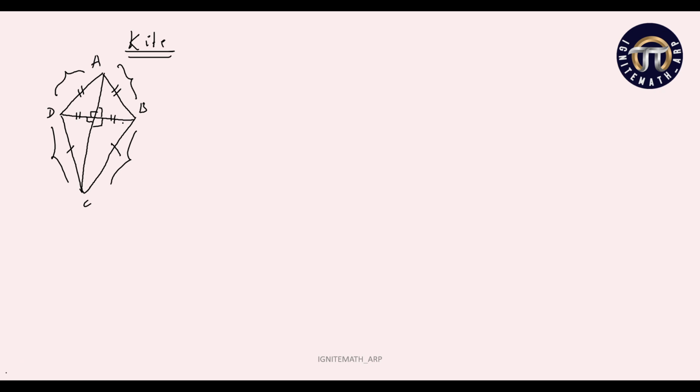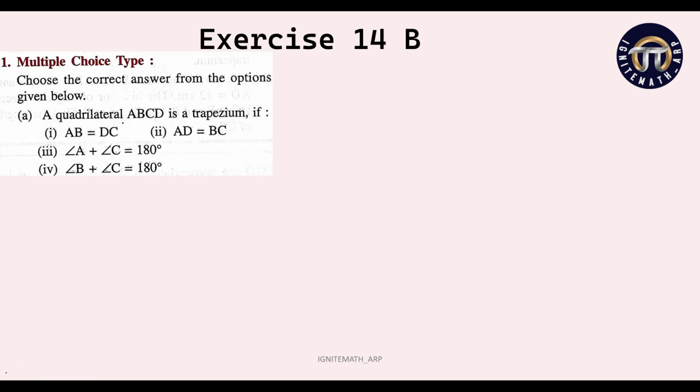Clear? So now let us proceed with exercise 14b. 14a was based on the properties of polygons. 14b is based upon properties of quadrilaterals as well as the properties of parallelograms and its types. See the first question where we are going to solve the multiple choice questions. Quadrilateral ABCD is a trapezium.